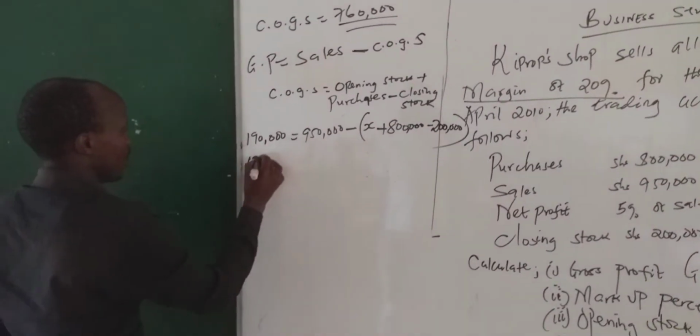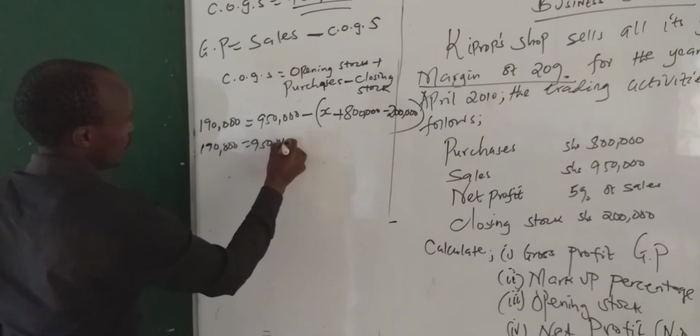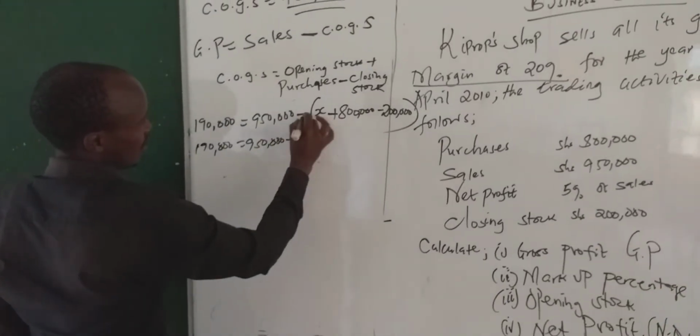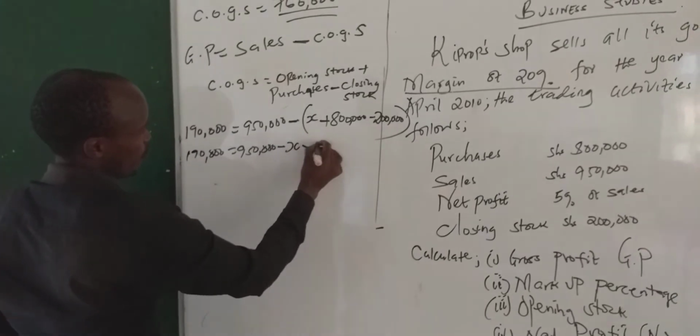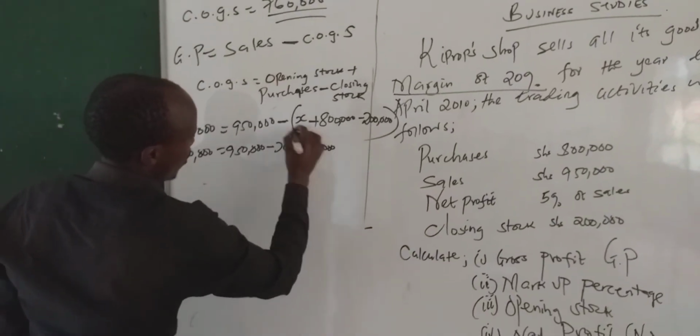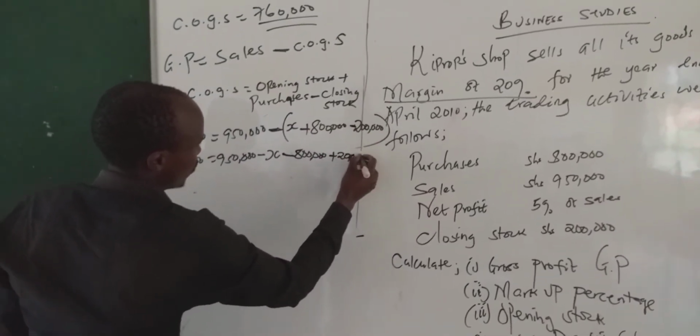This will be 190,000 is equal to 950,000 minus X, a negative and a positive, minus 800,000, then a negative and a negative plus 200,000.